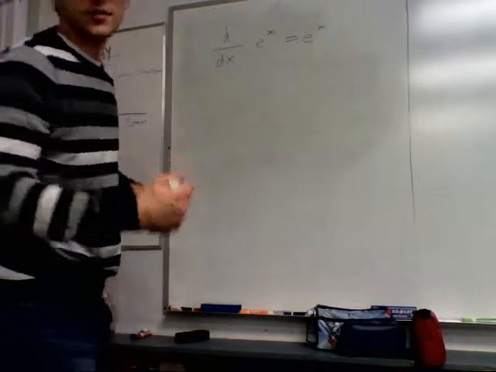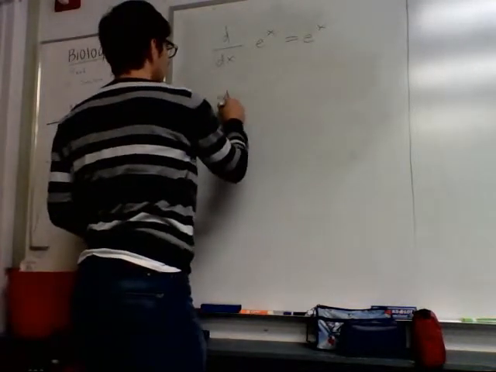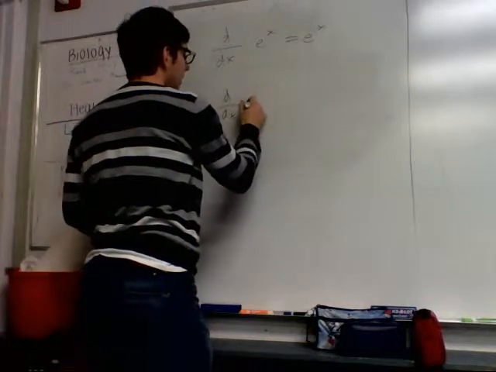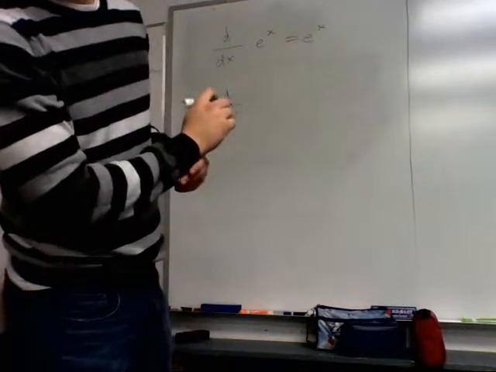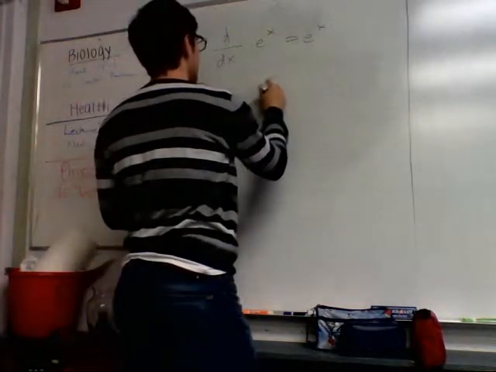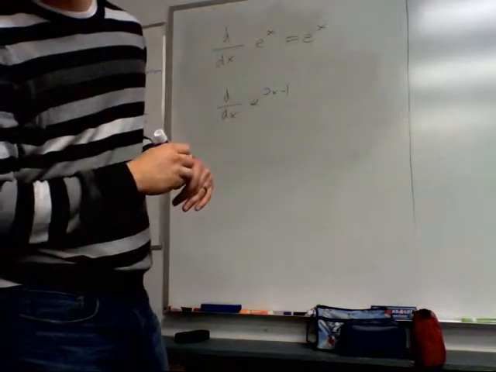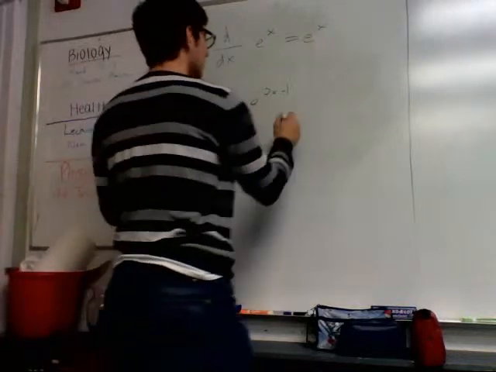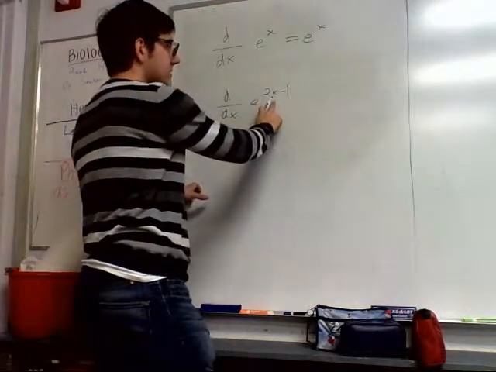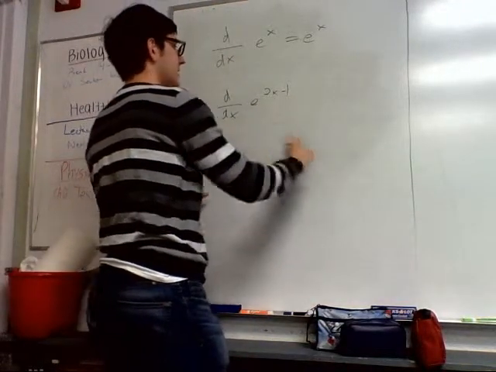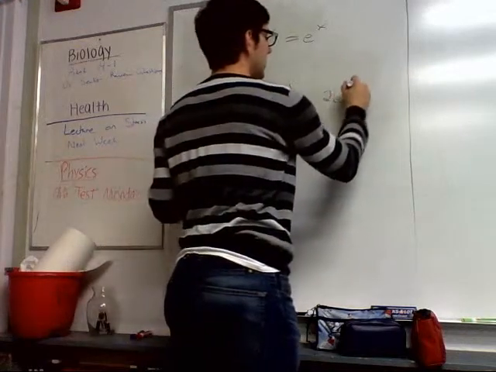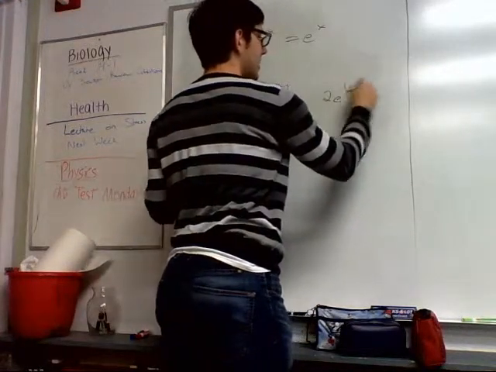Okay, d by dx of e to the 2x minus 1. Okay, so that's exactly what I just showed you. We know du by dx is going to be 2 because the 1 doesn't matter. We get 2 e to the 2x minus 1, and that's done.